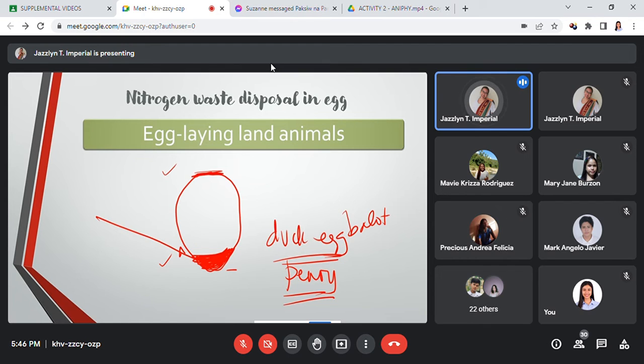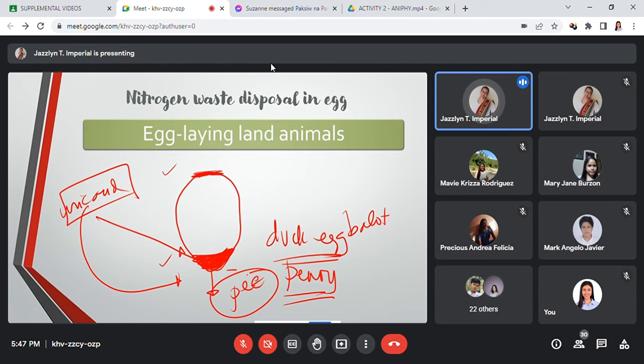This area here na gusto ni Mark na iwasan natin kaya dun siya sa flat part magka-crack is actually uric acid. Ito po ay yung tumigas na waste product ng egg-laying animals. So, wag na wag nyo tong kakainin. That is hardened pee. Wiwi po yan nung ibon sa loob ng itlog.